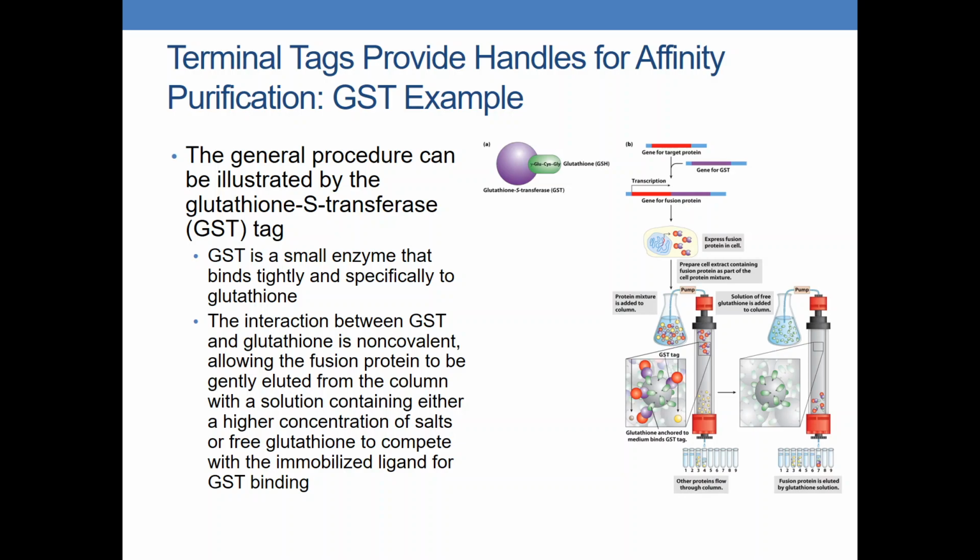Now, the cleavage has to occur after the affinity purification step though. And just as a reminder, in this instance, your GST domain is going to bind specifically to your column material, and then you can use free glutathione or free ligand to elute off your protein and separate it from all of your impurities. So at this stage, you might consider cleaving off your tag and separating, using maybe size exclusion chromatography or something like that.